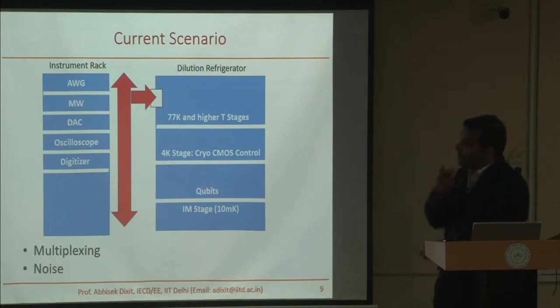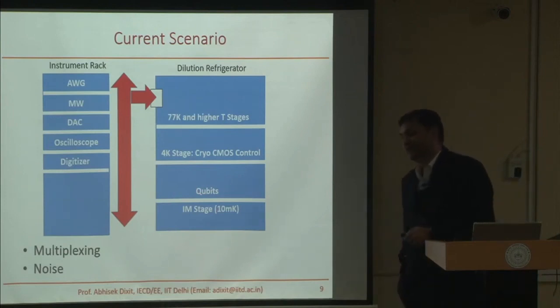One qubit, if you talk about a silicon based spin qubit, requires roughly 10 connections, which you connect from the outside world. So 100 qubits are going to require 1000 connections, right?